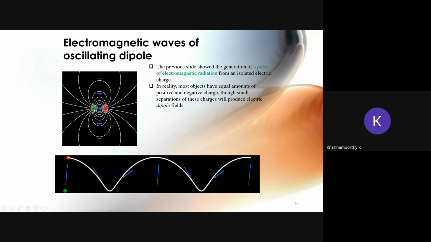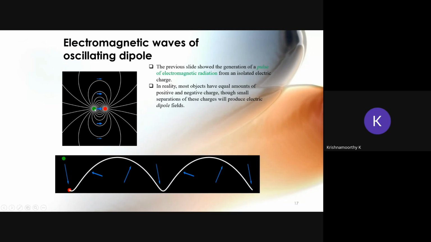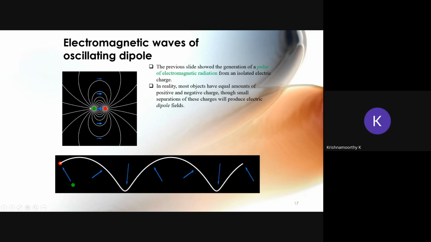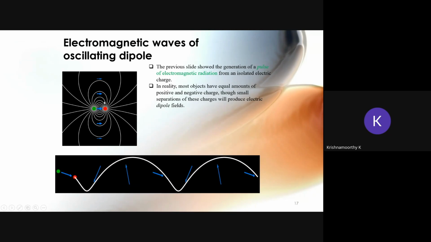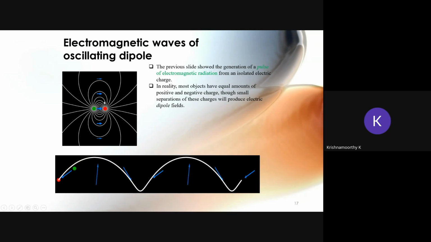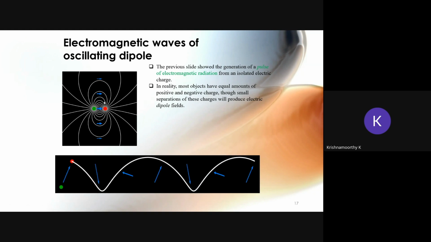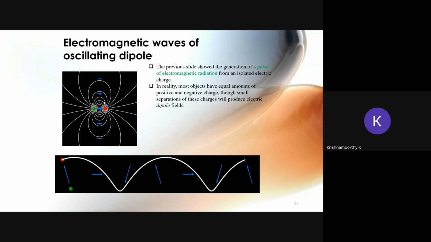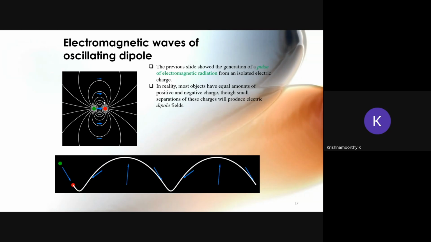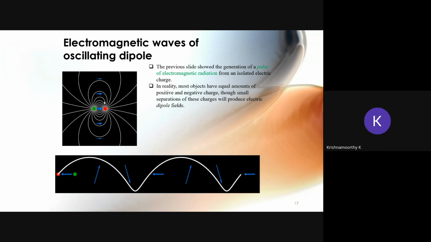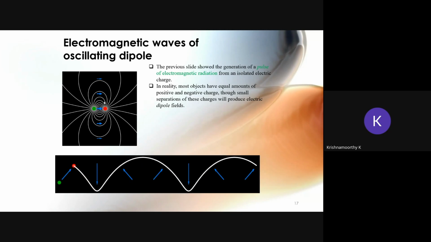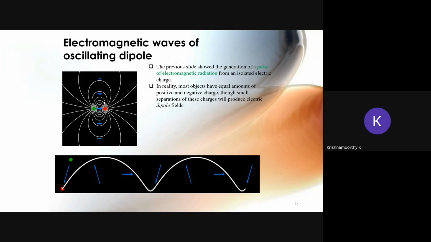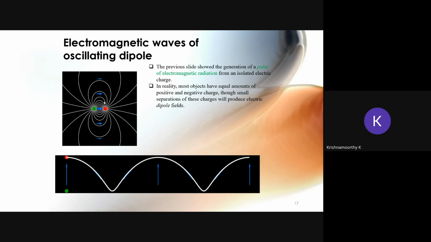In the dipole antenna, the charge accelerates in this direction, but the maximum radiation happens perpendicular to the direction of the acceleration of the charge. So if you want to produce the electromagnetic wave in a particular direction, we have to accelerate the charge accordingly, so that we can produce the electromagnetic wave in that particular direction.